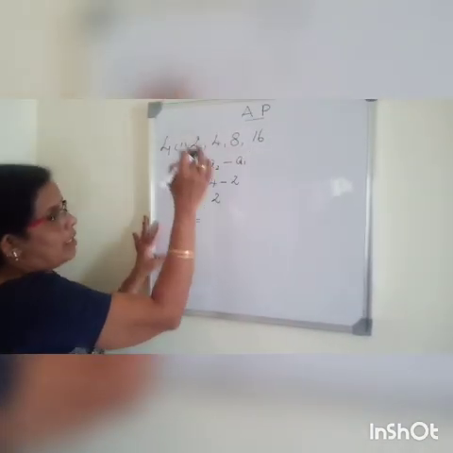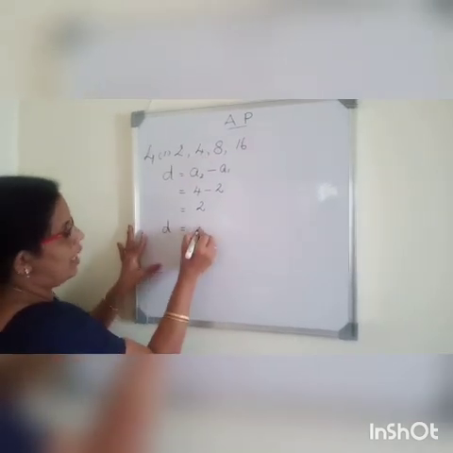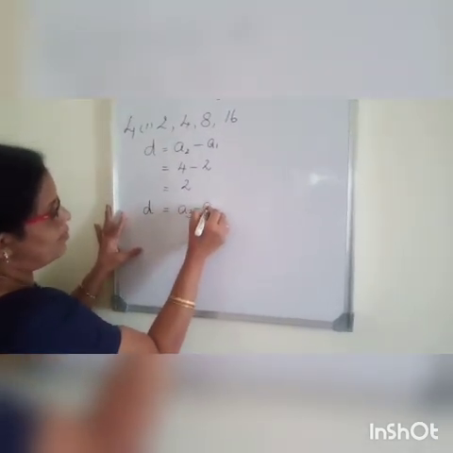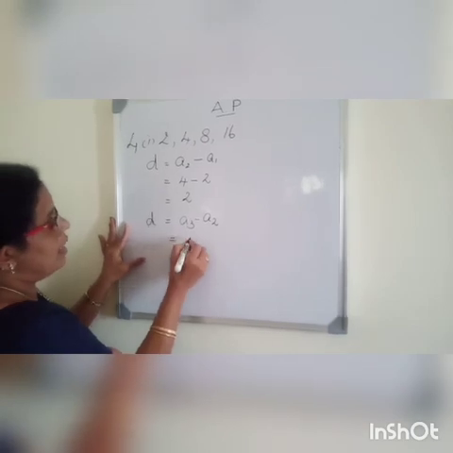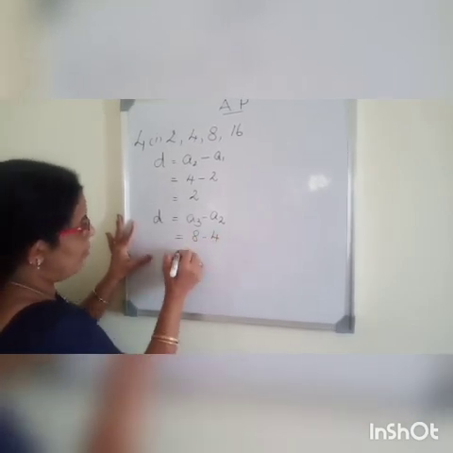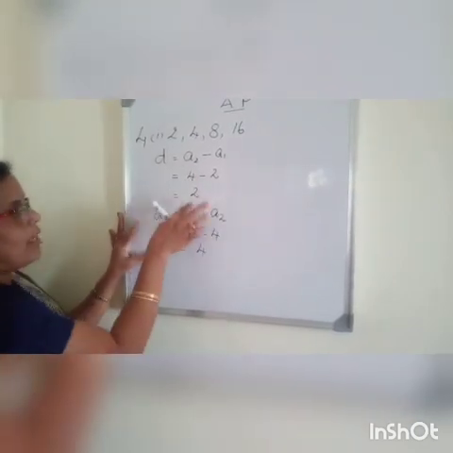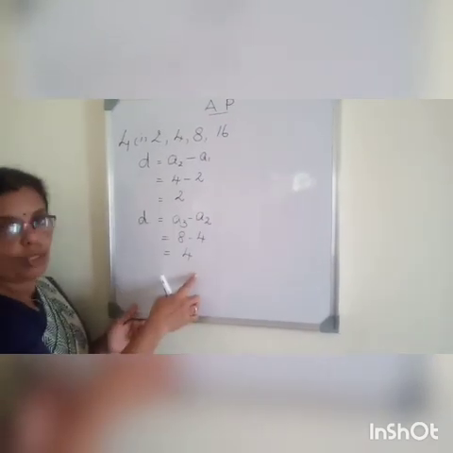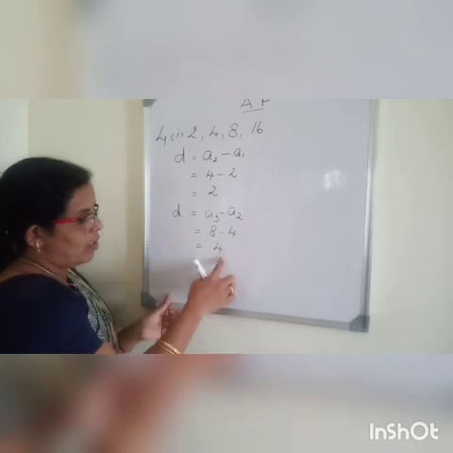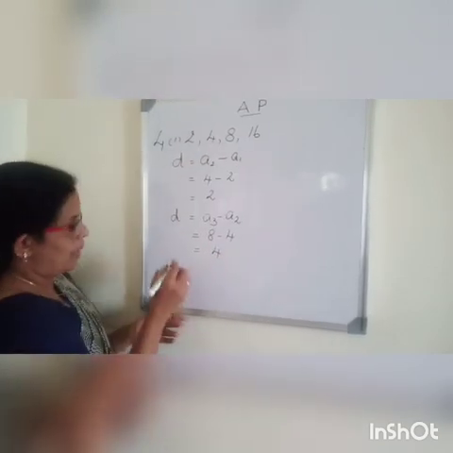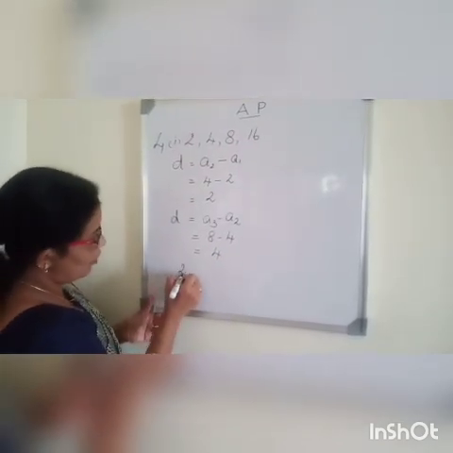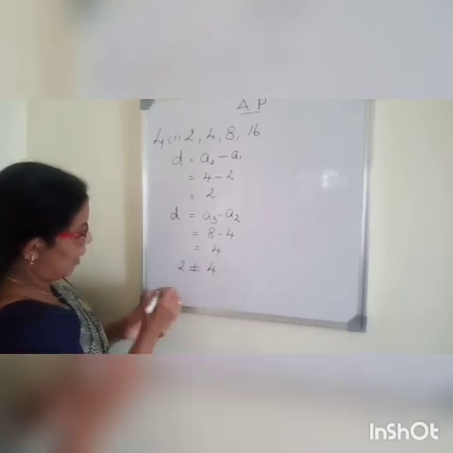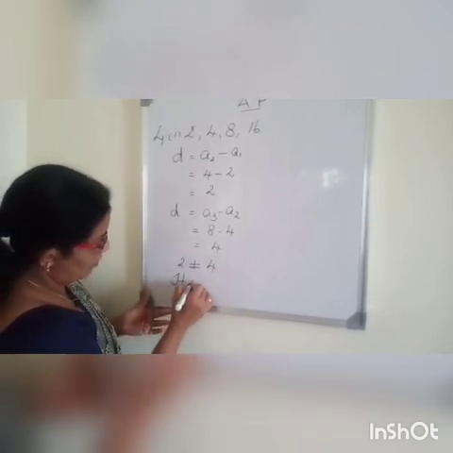Third term minus second term, A3 minus A2. That is 8 minus 4, equals 4. Here we got D as 2 and here it is 4. Are they same? No. So as D is not equal, it is not an AP. So here we will write 2 is not equal to 4. Therefore, it is not an AP.